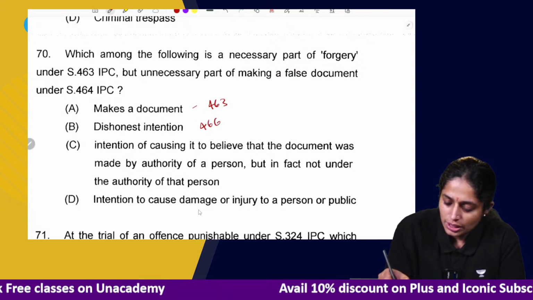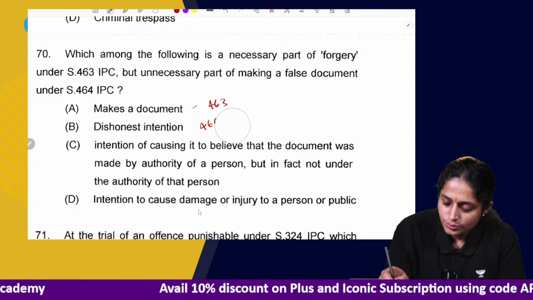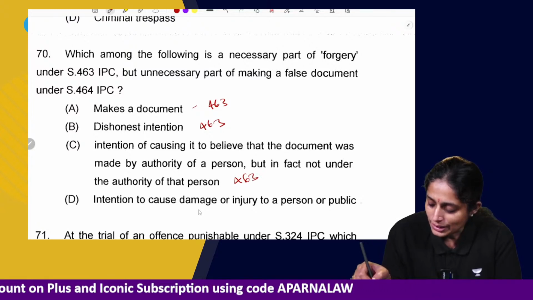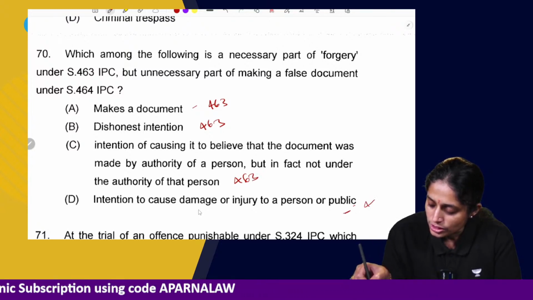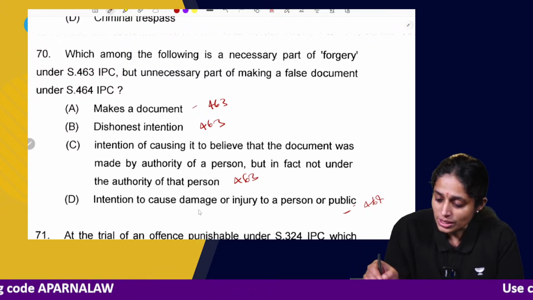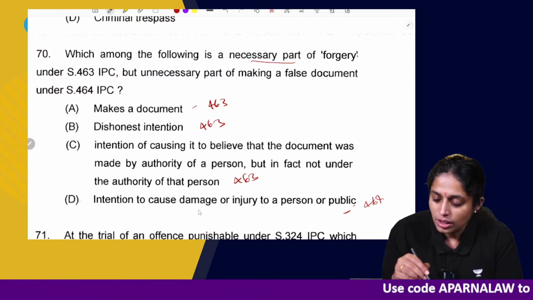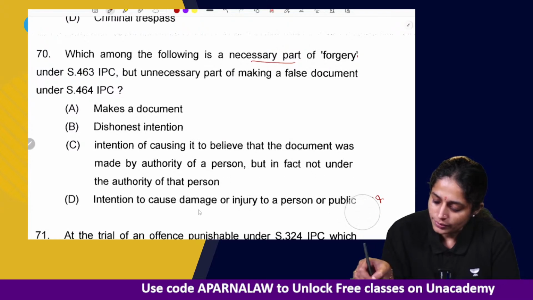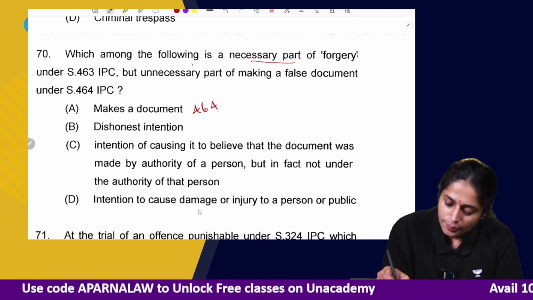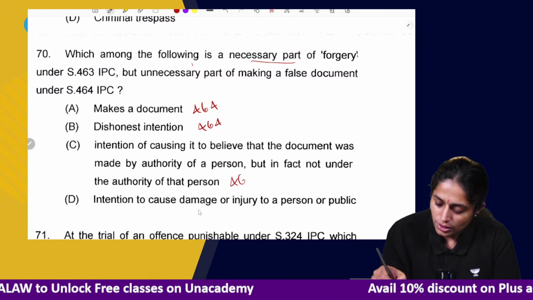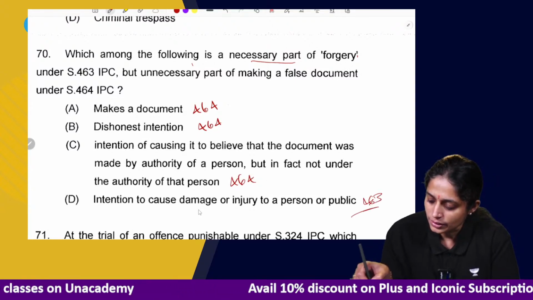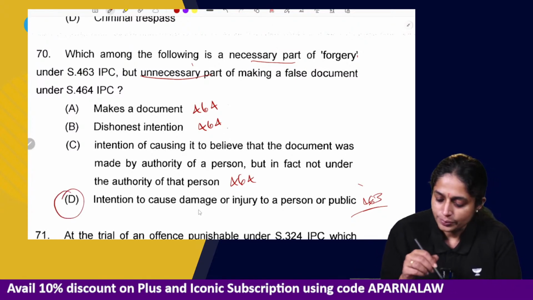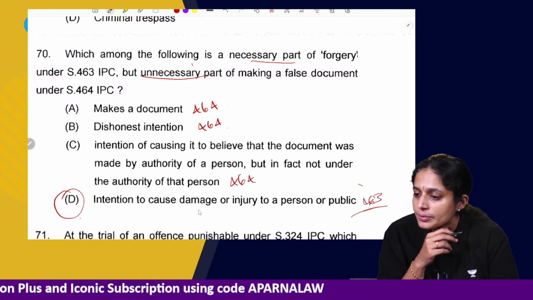Dishonest intention is an ingredient of 463. Even this is an ingredient of 463. But this is an ingredient of section 464. Sorry, I said it the other way around. This is 464, 464, 464 and this is 463. That's why this is unnecessary part for 464. D is the correct answer here, 70D.